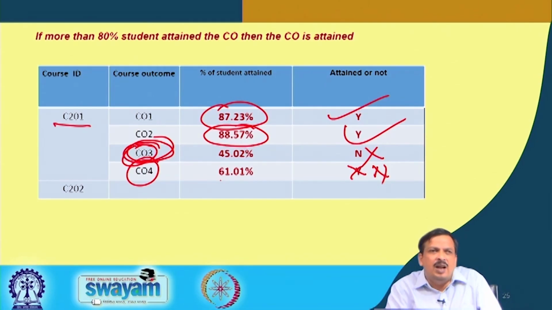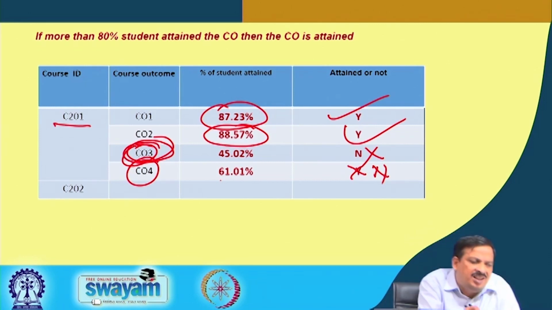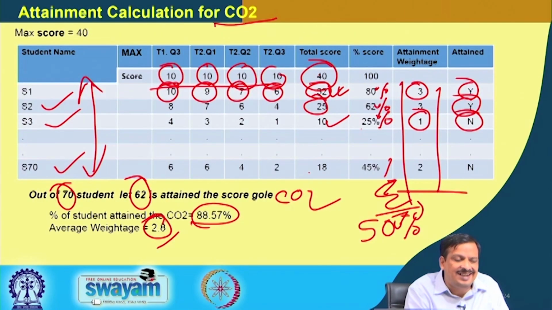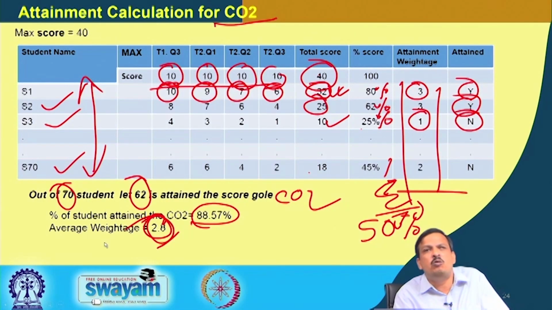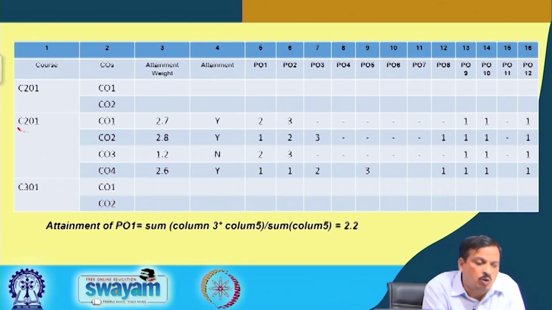Okay. Now, I want to calculate the attainment matrix of this course. So, what have I already calculated? Average attainment score out of 3 means fully attained. So, out of 3, this CO2 scores 2.8. So, I can write down course number CO2 2.8.